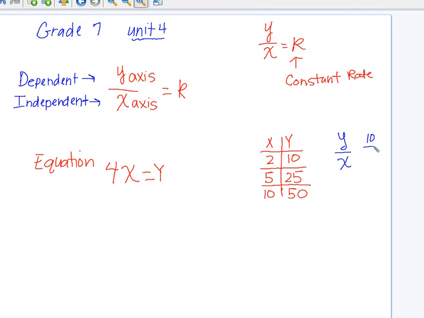So 10 divided by 2 gives you 5. And if it's all the same constant rate, then you can write your equation. 25 divided by 5 gives you 5. 50 divided by 10 gives you 5. So what's happening to x is we are timesing it by 5. So our equation is 5x equals y. Sometimes it's a fraction, sometimes it's a decimal, it just depends.